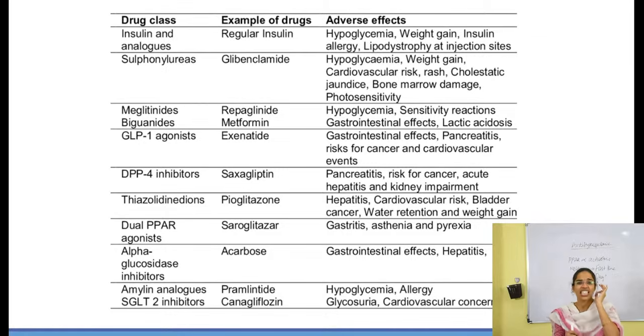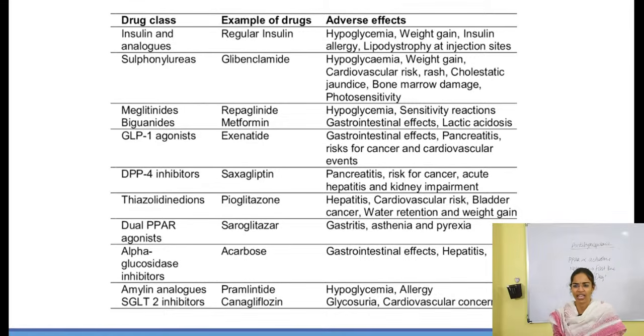Because of this, sulfonylureas are mostly used in combinations and not prescribed singularly.